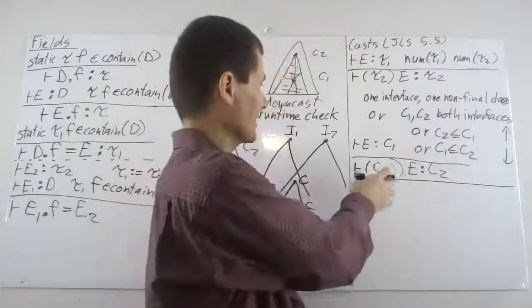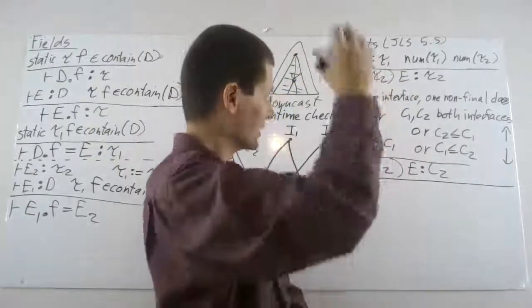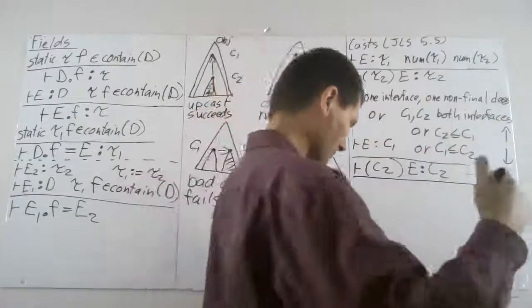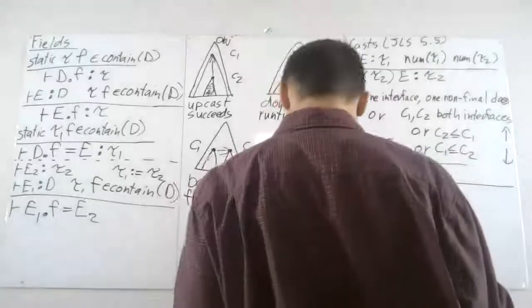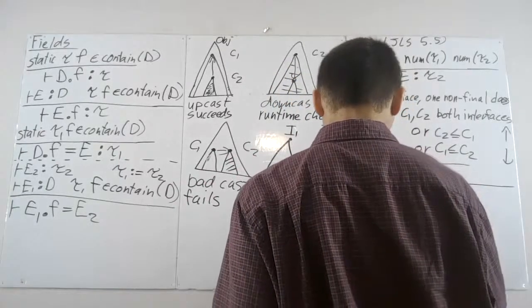A cast, if E is not a subtype of tau2, is going to fail and throw an exception. But if you think it may or may not be of that type, you can use instanceof.